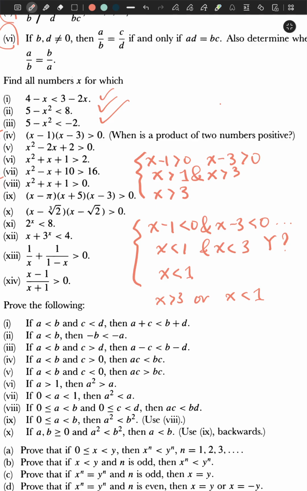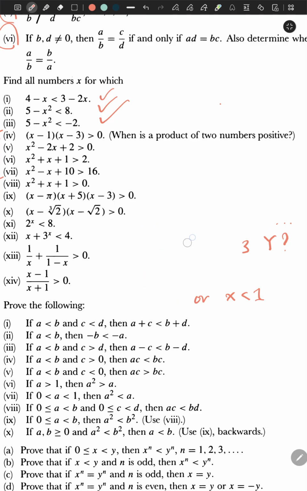Second problem. Okay, so before we get to problem V, let's see if we can prove this one. If A is less than 0 and B is less than 0, then A times B is greater than 0, right?